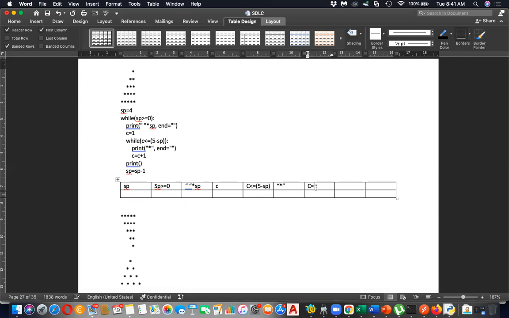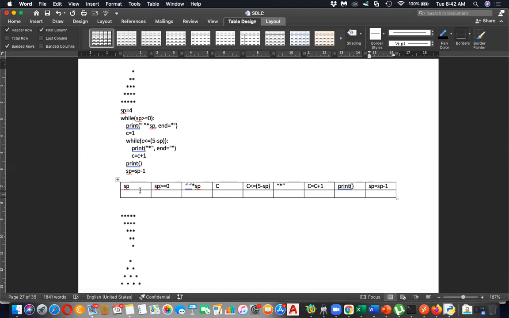And then C equals C plus 1. And next one, the empty line, print. And the last one, SP equals SP minus 1. Okay, let's write this table to understand this carefully.